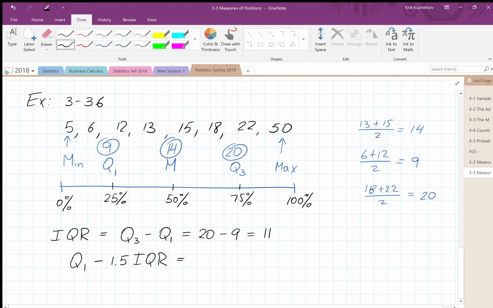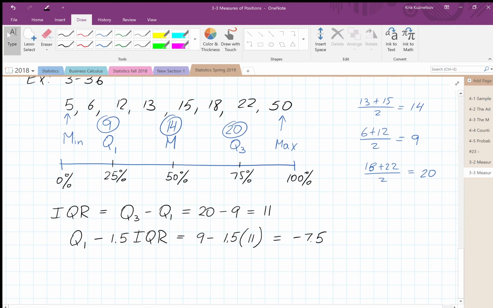So in this case, Q1 is 9. I will multiply negative 1.5 times IQR, which is 11. And 9 minus 1.5 times 11, I have negative 7.5. So notice there's nothing negative in the data set. So in order for me to be truly an outlier on the left-hand side, I need to be smaller than negative 7.5. So there's nothing over there.